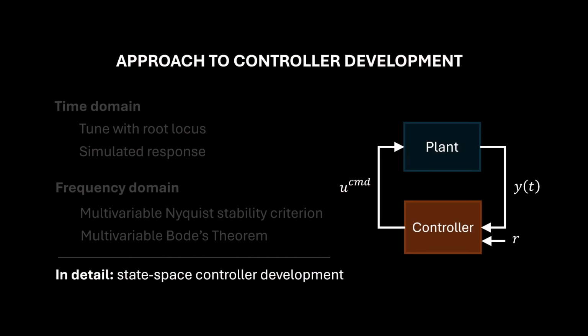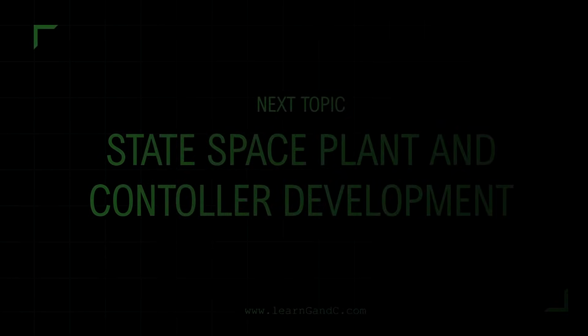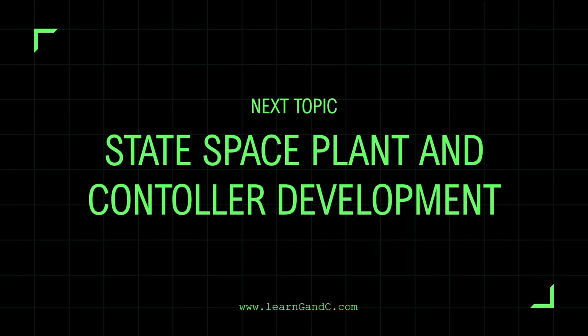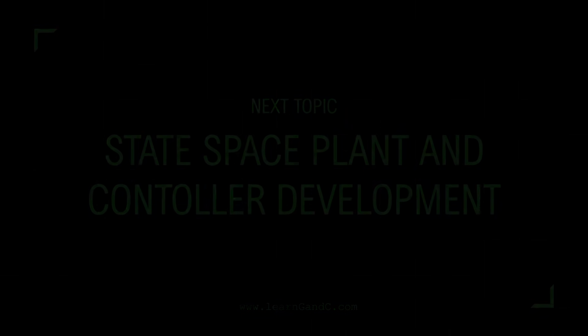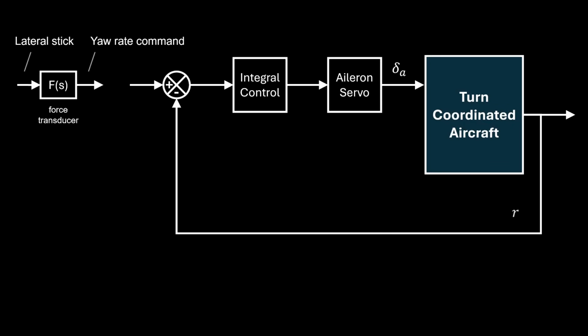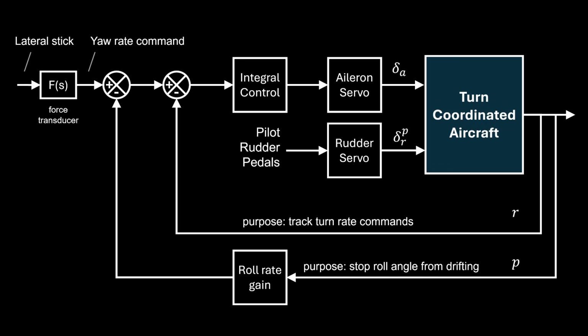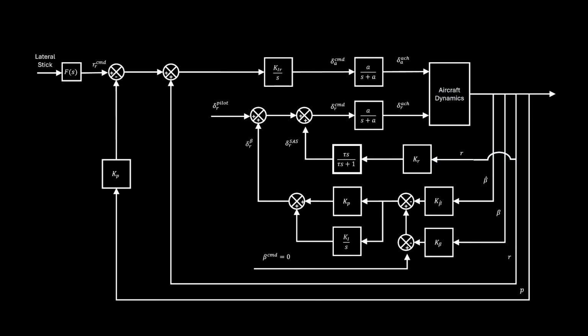As an appendix to this lesson, let's briefly discuss how the state space systems were developed. Recall our full lateral control system. Breaking out all the control loops, we observe the full detail of the controller.